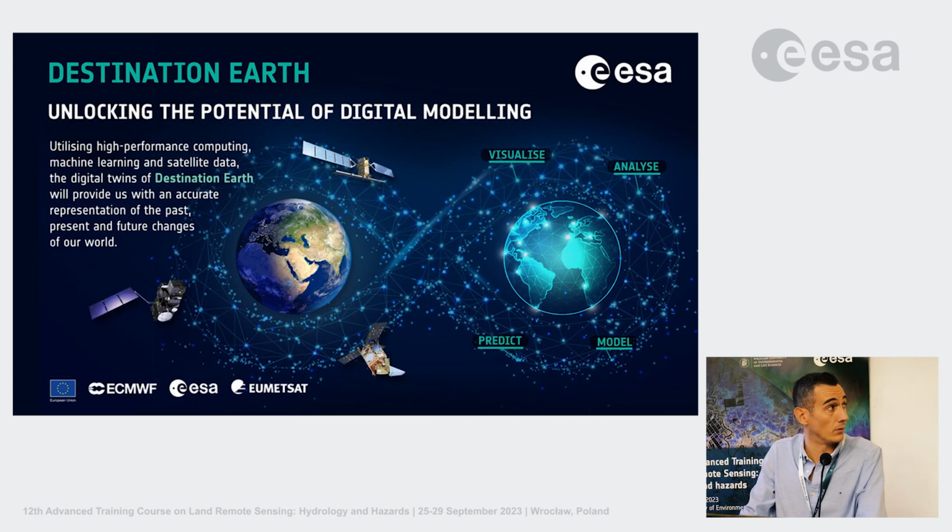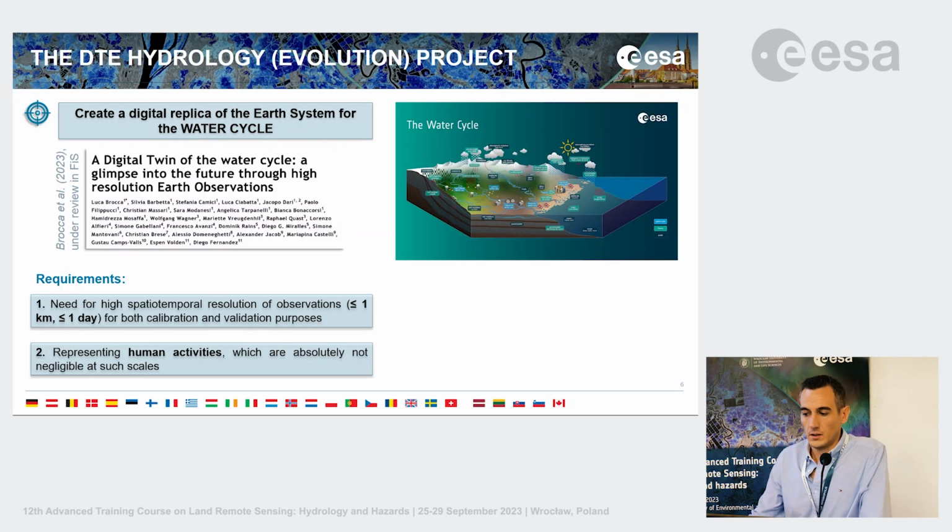So all the systems, all the components of the Earth system, among which there is hydrology, the water cycle, that is in this case our target. So as we understood here, the objective is to create a prototype, a digital twin of the Earth system for the water cycle.